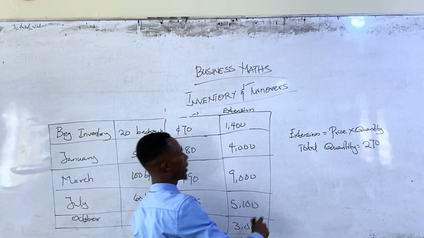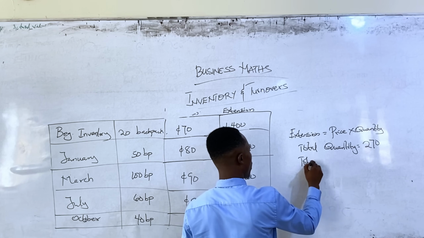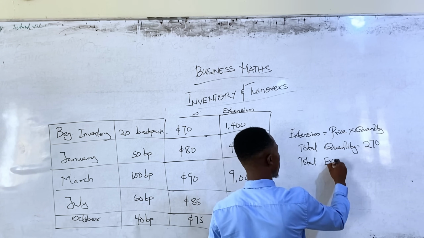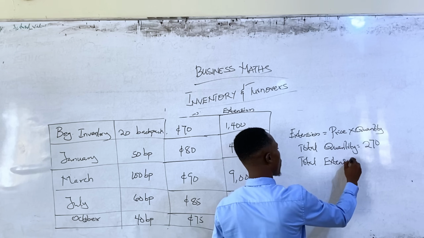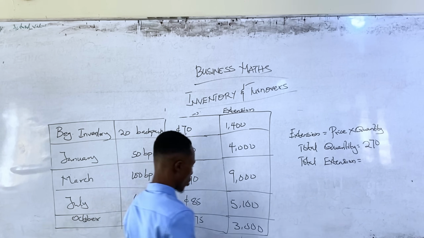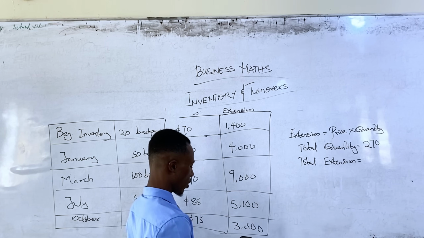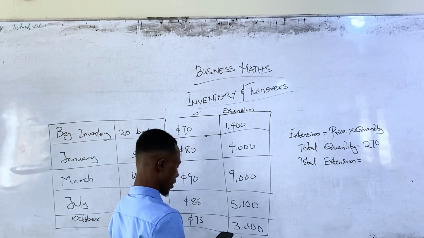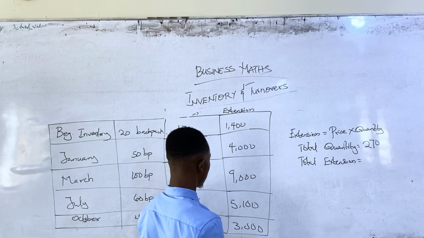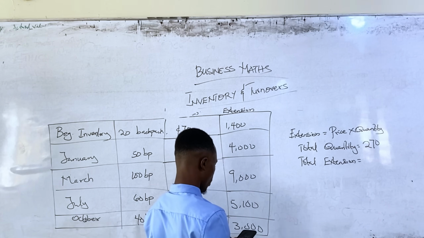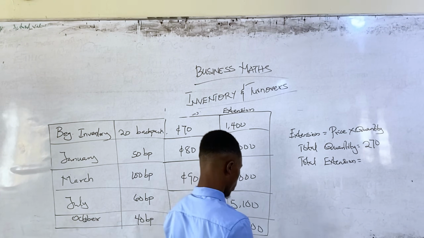Then our total extension is equal to, let's go, 1,400 plus 4,000 plus 9,000 plus 5,100 plus 3,000.